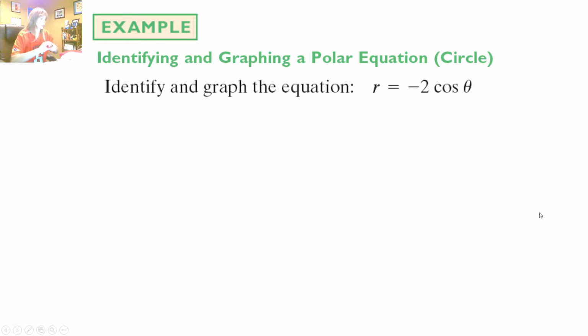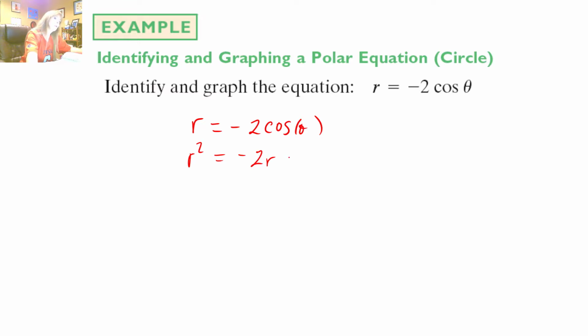All right, it works the same way with the cosine. I'm going to go through a lot of the same steps. So I have r equals negative 2 cosine theta. Multiply both sides by r. r squared equals negative 2 r cosine theta.